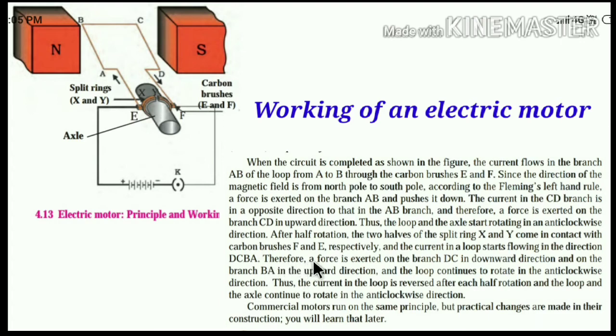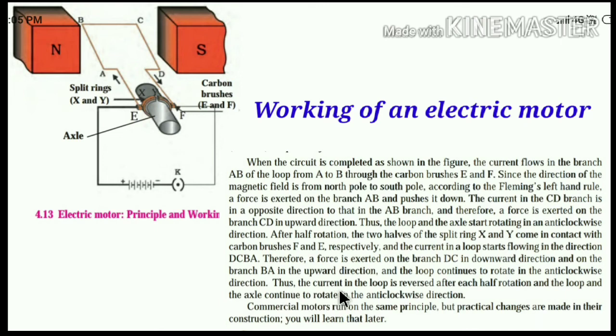Therefore, a force is exerted on the branch DC in downward direction and on the branch BA in the upward direction. So again this side comes here, hence the force is exerted on it and it goes in the downward direction, and AB again is pushed in the upward direction because of the force.